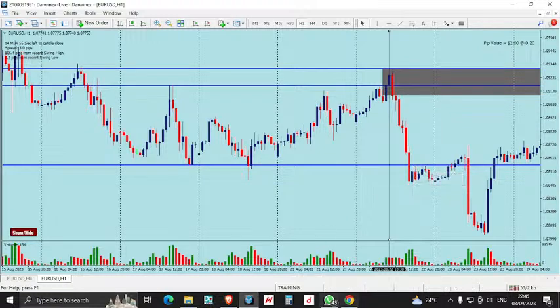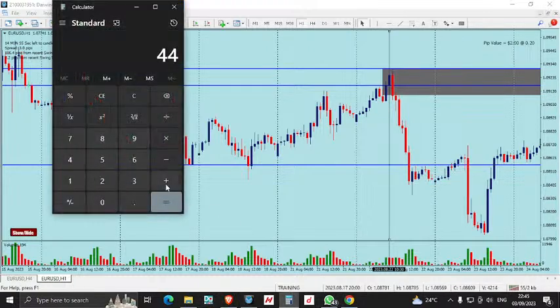Okay, let's use our calculator. 44 plus 18. So we are targeting $62, whereas we are risking 13 or 14. Okay, $13. It is very huge. If we check, let us divide this 62 by 13.